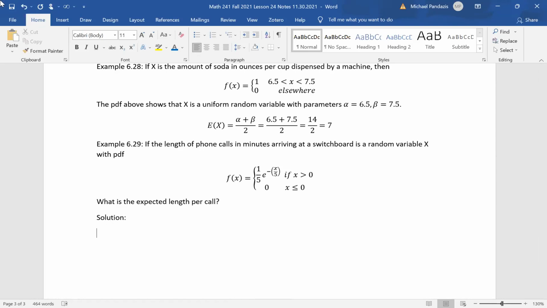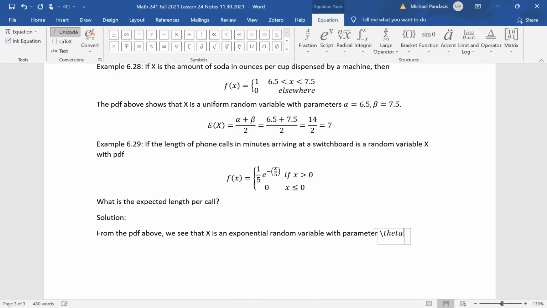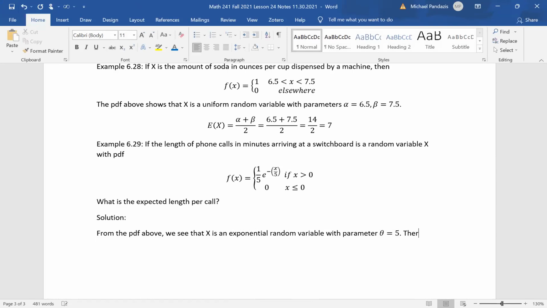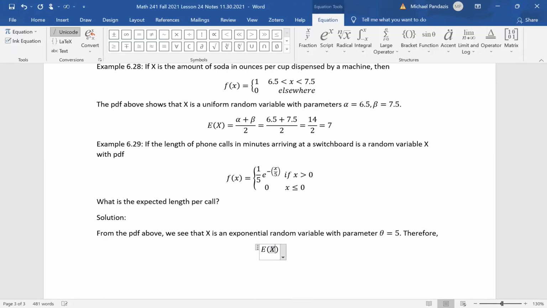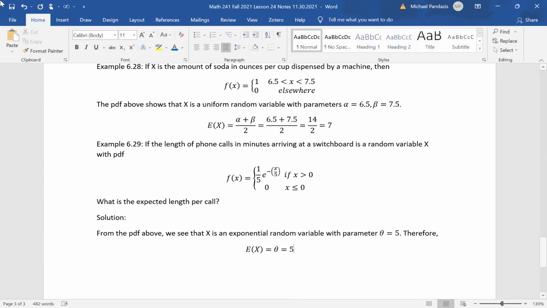Okay, so we have the PDF of our random variable x, and so you can tell from the PDF that it's an exponential random variable. So from the PDF above, we see that capital X is an exponential random variable, okay, with parameter beta equals 5. And therefore, the expected value of an exponential random variable is just the value of beta, which in this problem is 5.